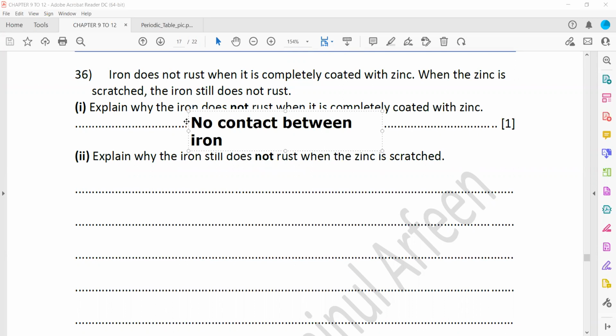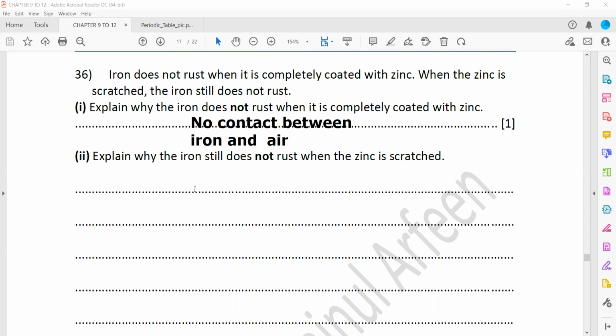It becomes a porous material, so its strength decreases compared to other metals. So there is no contact between iron and oxygen or air. That's how it protects the iron.